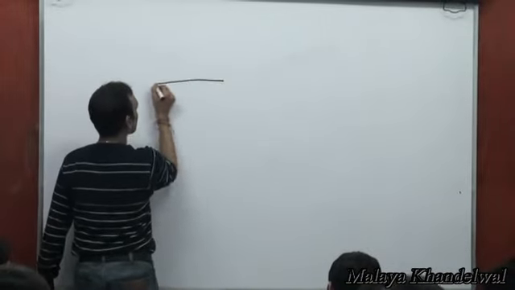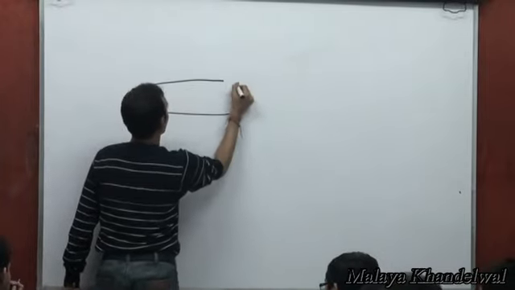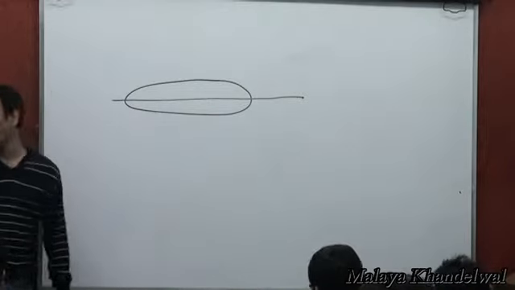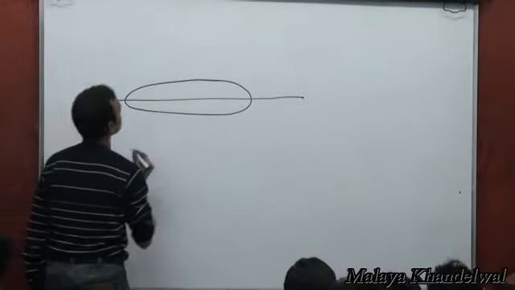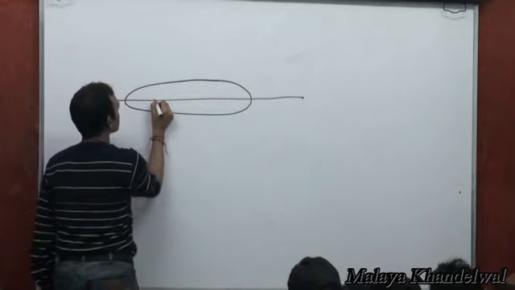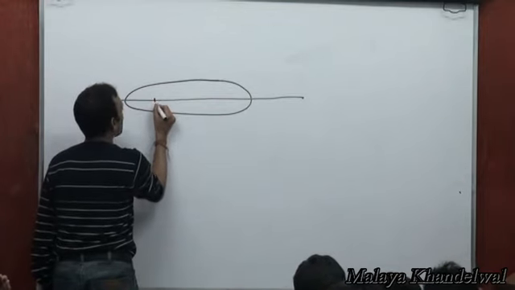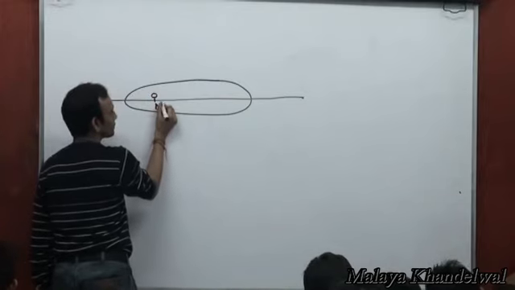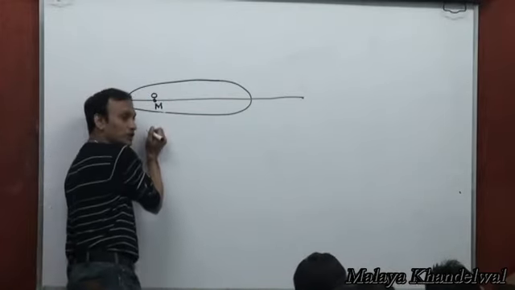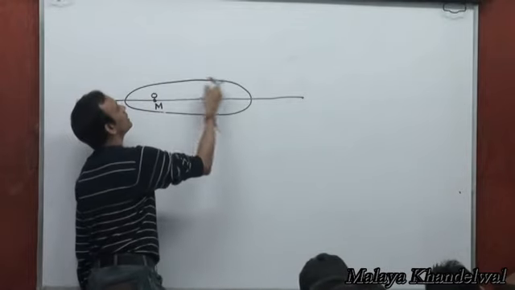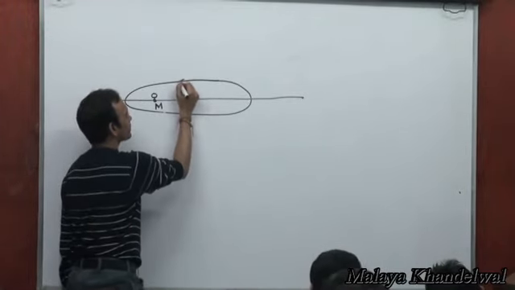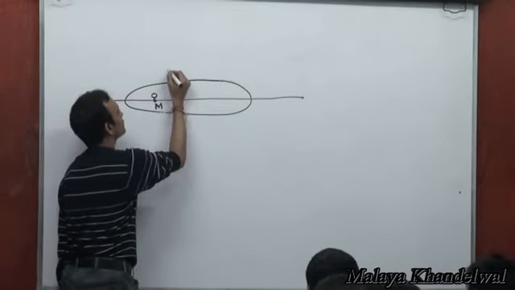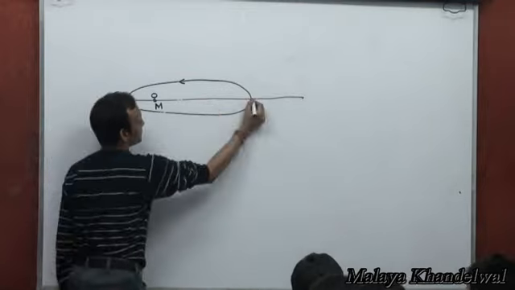Suppose a body is describing an elliptic path about a gravitating mass capital M placed at some point O. Under the influence of this mass M, a particle of mass m describes an elliptic path.